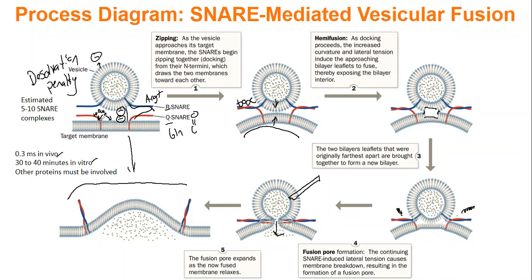That is, if I'm a negative charge and I'm surrounded by water, I'm okay. I don't know about any other positive or negative charges around me. I'm happy. So when the vesicle and the plasma membrane are close enough for the snares to interact, there's still water there. So the vesicles really don't know they're going to hit another negative charge.